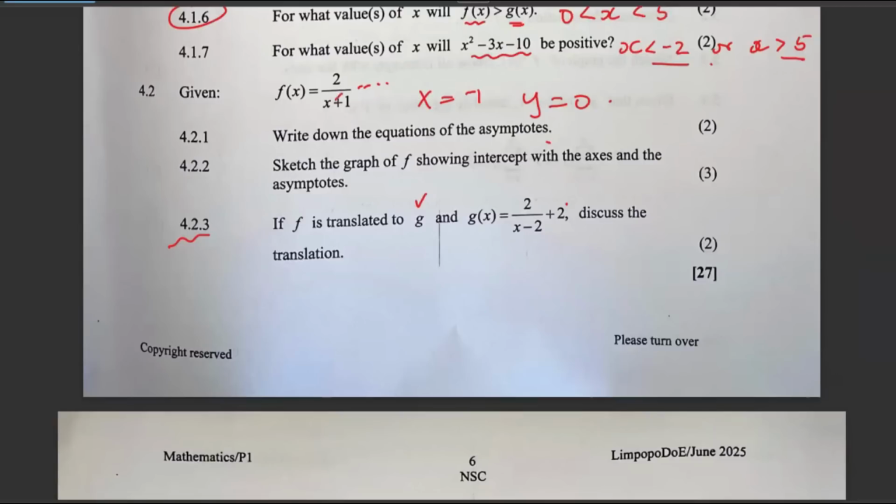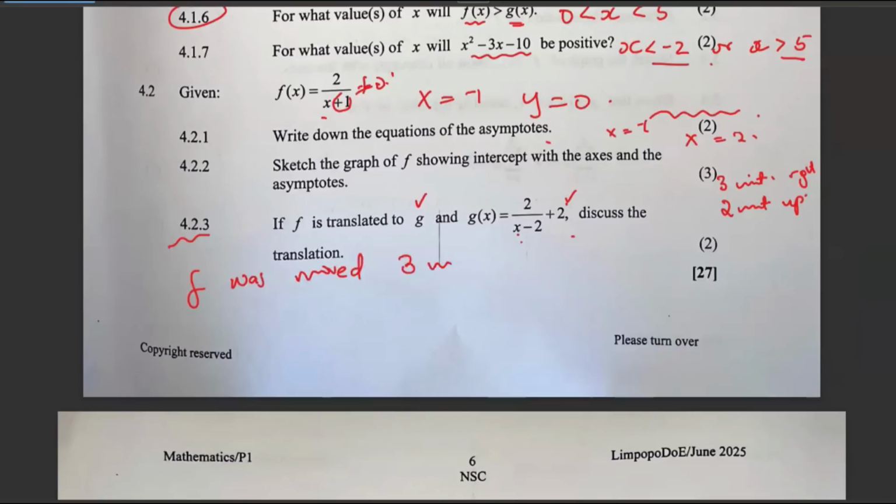For us to move from +1 to -2, especially with the x, it simply means that the new asymptote, instead of being -1, is now going to be +2. How many units are there? These are basically 3 units to the right. So the graph was moved 3 units to the right. Then there was a 0 here, but now it's a 2. So it was also moved 2 units upwards. So we just need to indicate that f was moved.